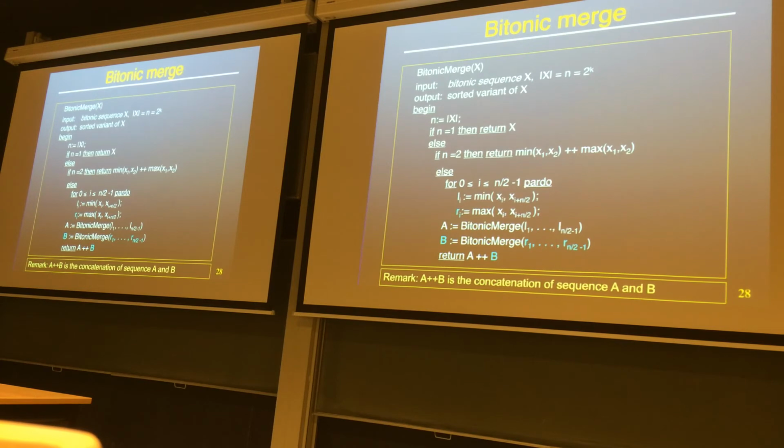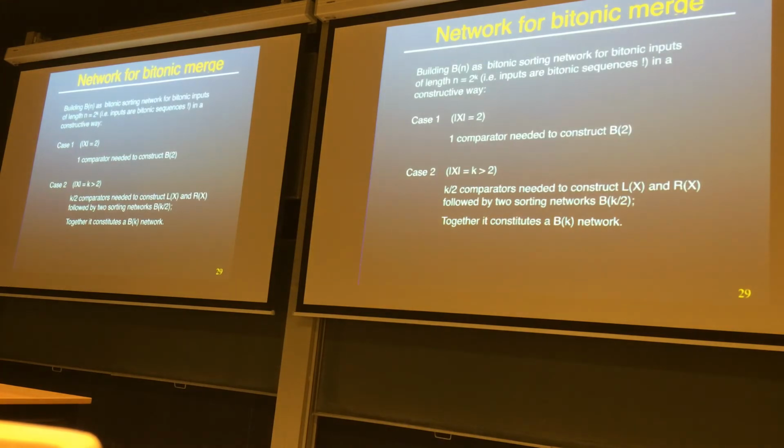Okay, so this is the idea of applying a bitonic merging procedure given a bitonic sequence to achieve a completely sorted sequence. Now we will use this idea, this algorithm, to build a bitonic sorting network. And what's the idea?